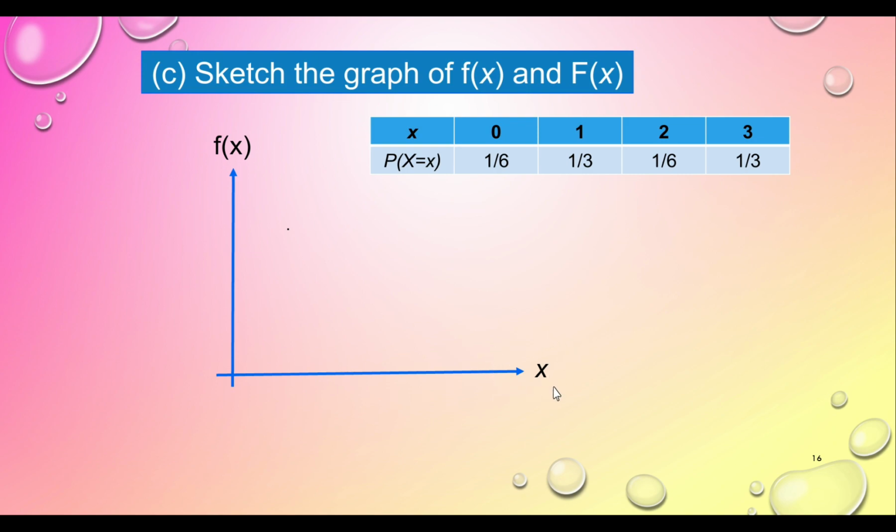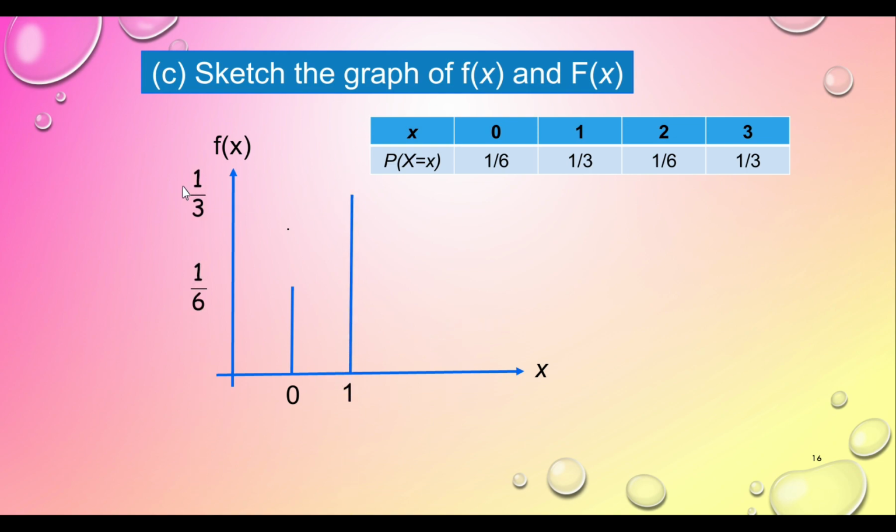The x-axis denotes the x value, the y-axis denotes the probability value. P(x equal to 0) is 1 over 6. We can draw a straight line parallel to the y-axis. Do the same thing for x equal to 1, x equal to 2, and x equal to 3.